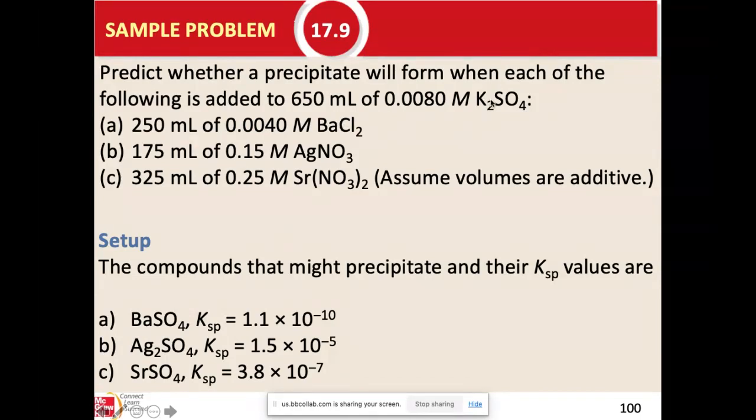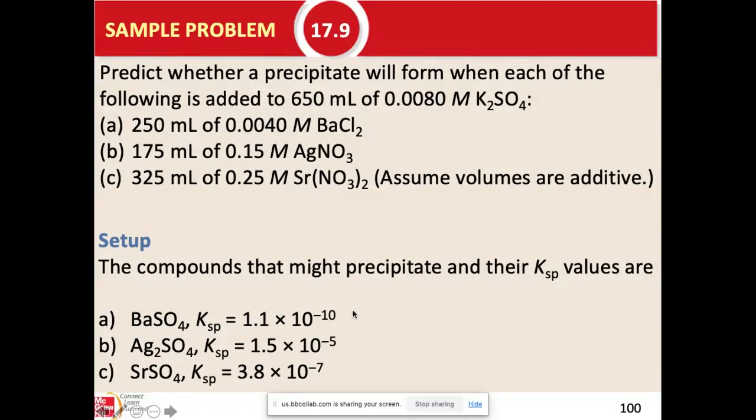So the barium sulfate can precipitate. But first of all, we need to know the KSP of barium sulfate.